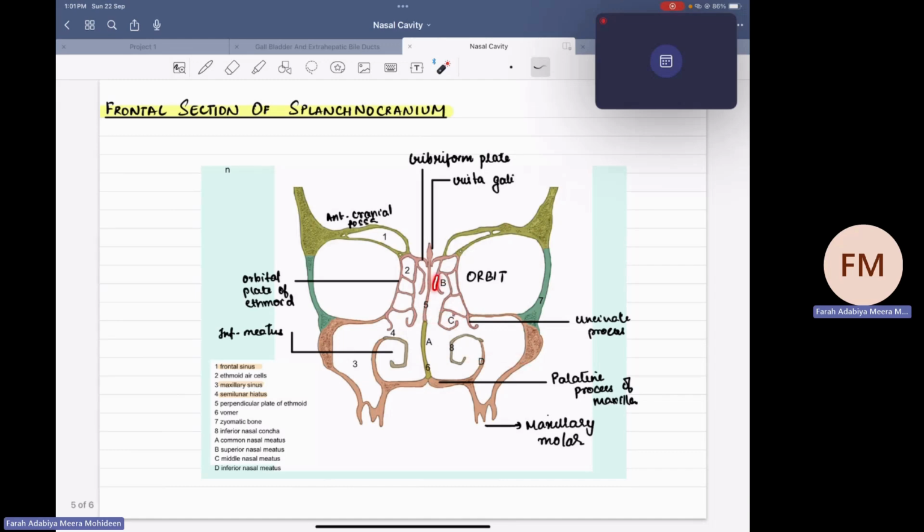And this will be your superior, middle, and inferior nasal concha. Again, the bones of your orbit are also important, like your zygomatic bone, your maxilla, right? And that's all about this particular diagram that you need to know.